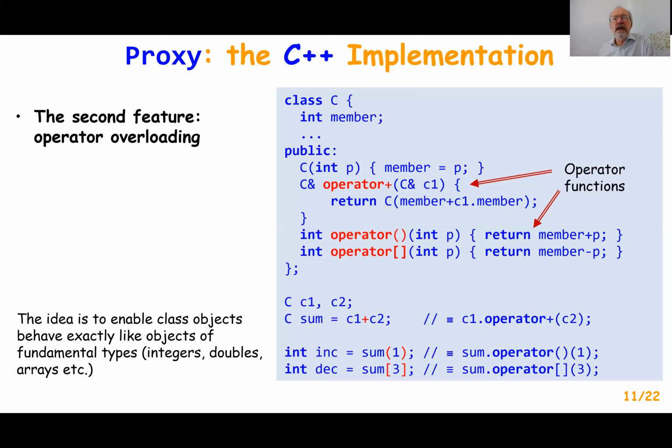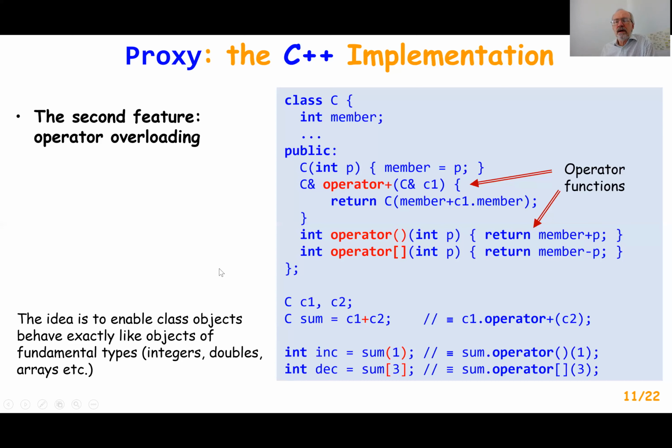Instead of the usual name of a function, we use this construct: the keyword operator and the sign. Conceptually, it means quite a simple thing. We say that it is possible to perform the plus operator on objects of type C, where C is the name of the class.